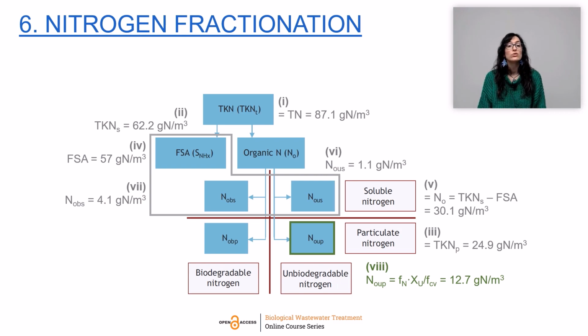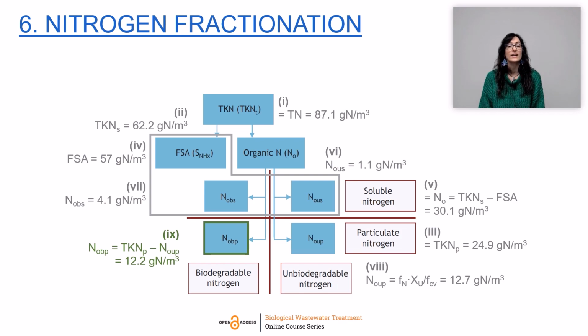It is important to always pay attention to the units. In this case, the nitrogen fraction was given as a function of the volatile suspended solids. This means that we have to convert the unbiodegradable organics into the same units, and that is why you can also see in the calculation the ratio FCV, which is used to correlate the COD and the suspended solids.